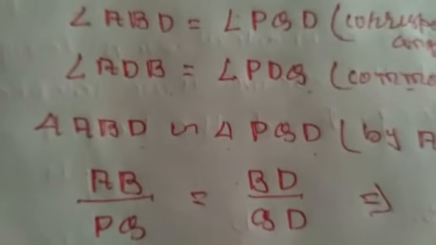Now, when these two triangles become similar, then we have their corresponding sides proportional. That is, AB by PQ, let's see in the figure, AB is proportional to PQ and BD is proportional to QD.